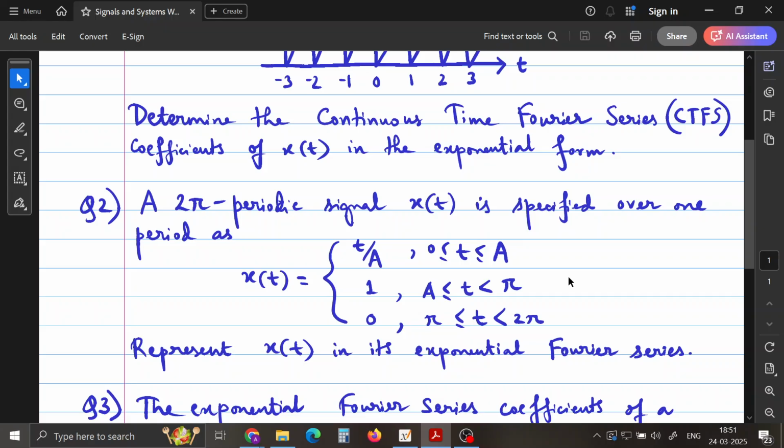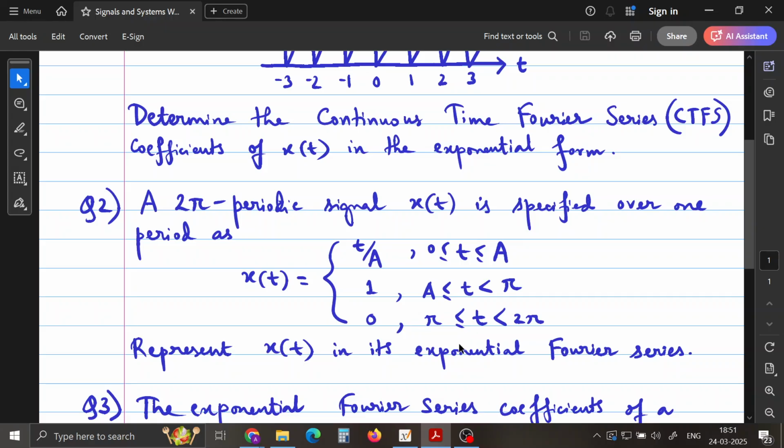We know the time period is 2 pi, so that automatically tells you the fundamental frequency omega naught. And then you can use the formula to find the Fourier series coefficients. Once you have the coefficients, you simply express x of t in the exponential Fourier series representation.